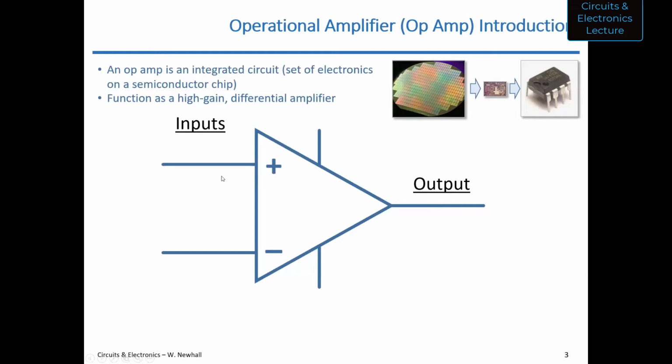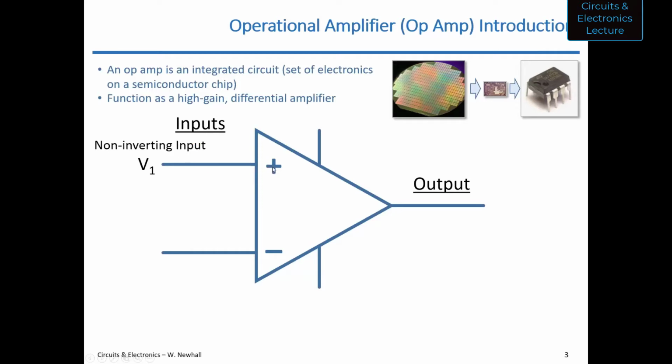Okay, let's talk about the inputs. The input on the top here, and it's actually not necessarily always on the top, but the input associated with this plus. This plus is an indicator for this input here. And that plus indicates that this is the non-inverting input. It's just the name of that input. We're going to call that voltage V1. So V1 is the voltage of the non-inverting input.